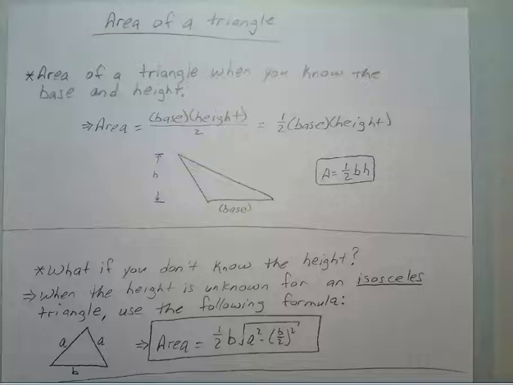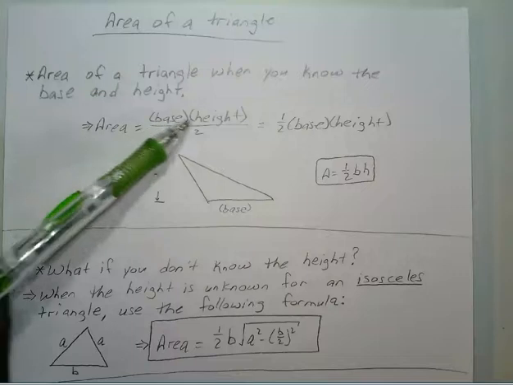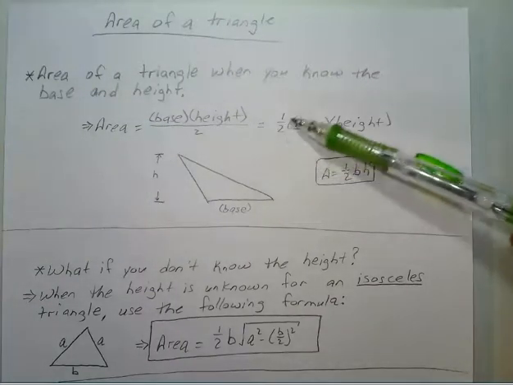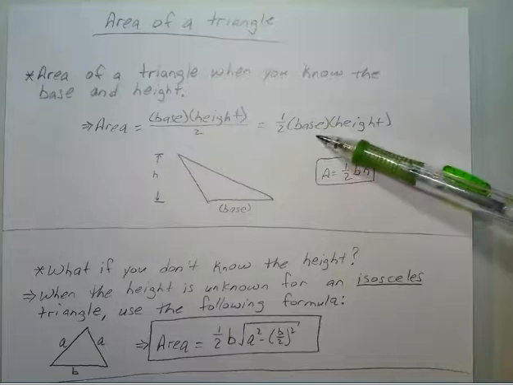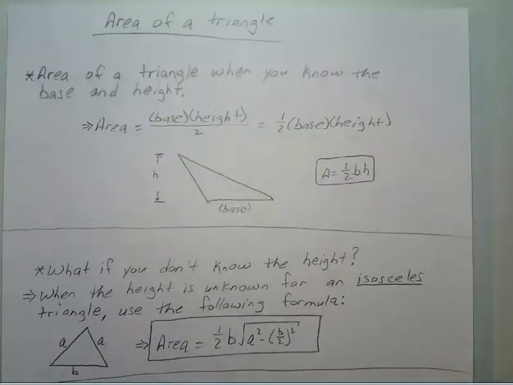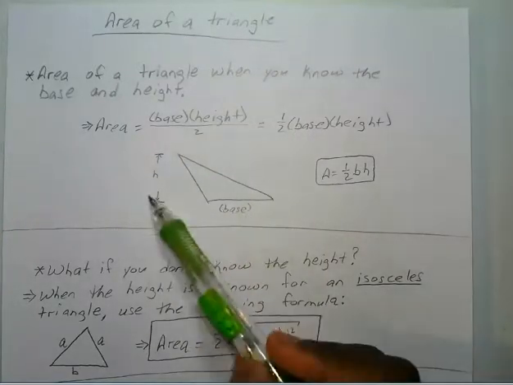Now, if you have a basic problem where they have given you the base and the height, then you can use the formula: area equals the base times the height divided by 2, or 1/2 times the base times the height. That's if they give you the base and the height.